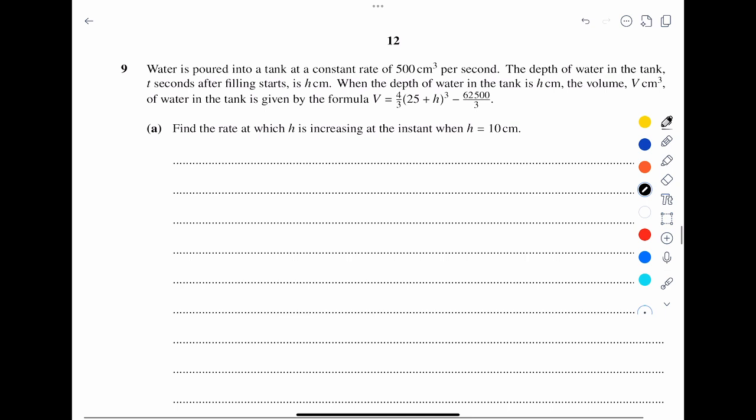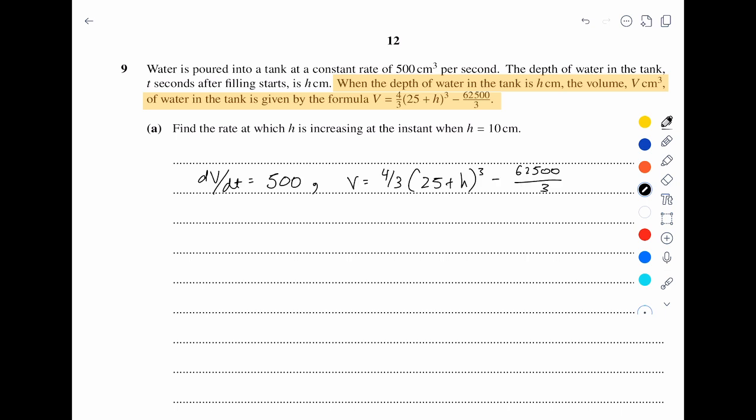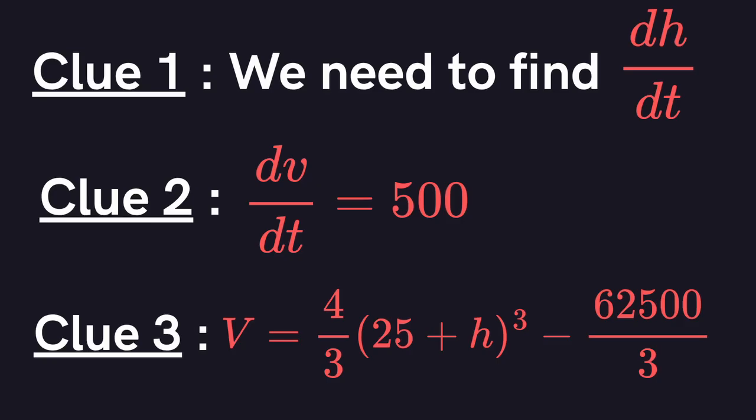And we're told that at height equals h centimeters, the volume is equal to V, which is equal to 4 over 3 times (25 plus h) to the power of 3, minus 62,500 over 3. So altogether, we have these 3 clues to work with.